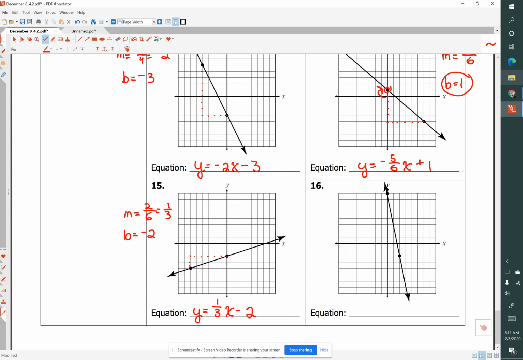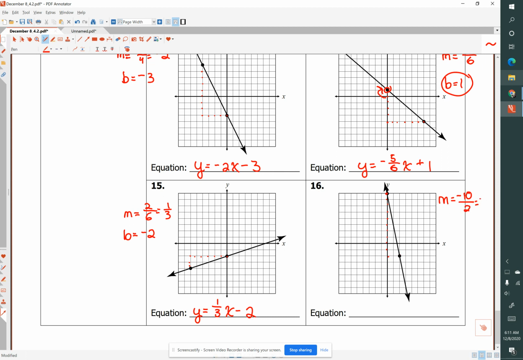And our final graph of the day has a negative slope, a very steep negative slope. So let's figure out what that is. We'll start with this point right here. Count 1, 2, 3, 4, 5, 6, 7, 8, 9, 10. So we have a negative 10 over 1, 2.